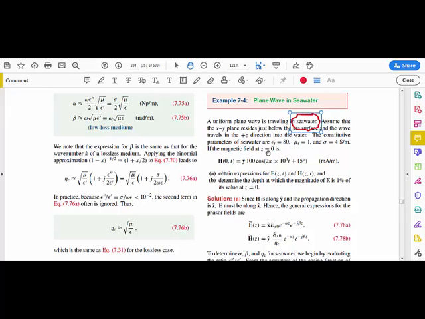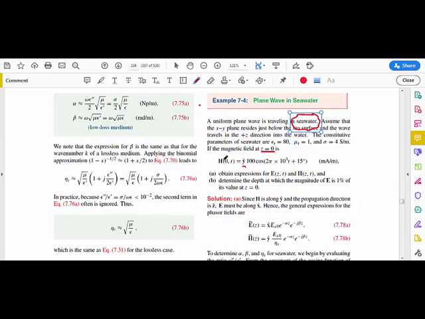And here we are informed that the magnetic field at a certain position, specifically z equal to 0, will oscillate in the y direction. So if the magnetic field oscillates in the y direction and the wave travels in the z direction, that means the electric field will be in the x direction.